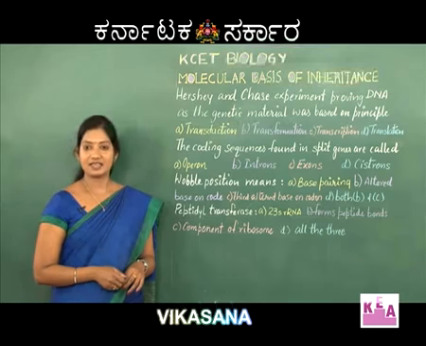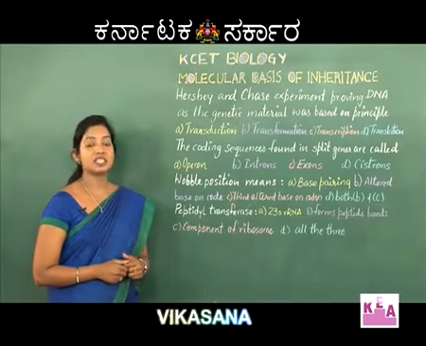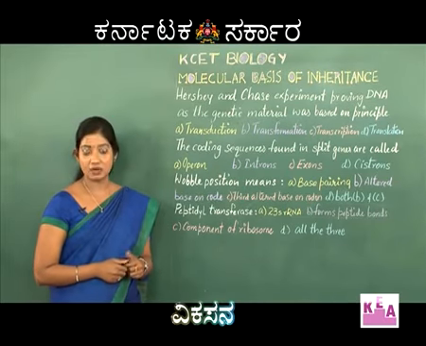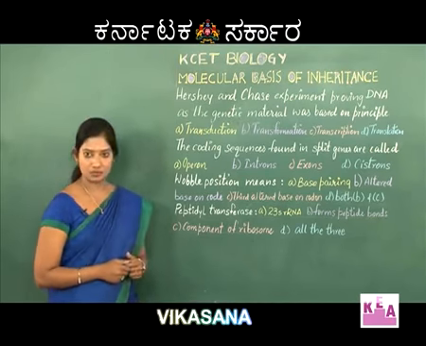Let us discuss the next set of questions. Hershey and Chase experiment proving DNA as the genetic material was based on the principle. Let us see what are these terms. Transduction, the transfer of genetic material into a bacterial cell with the help of a virus is called transduction.